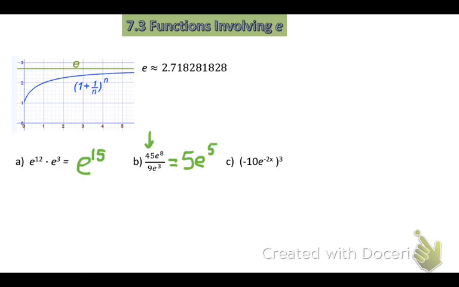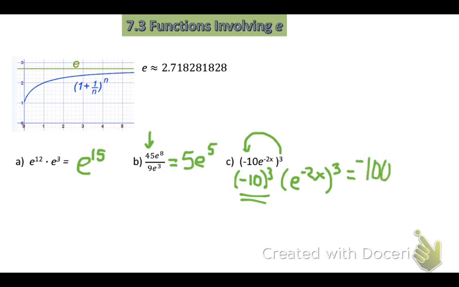Now the last one gets just a tad bit more complicated, but not too bad. We can take the 3 and we're distributing it inside, so we end up with negative 10 raised to the power of 3, and then we're going to have the e raised to the power of negative 2x, and that's all raised to the power of 3. So negative 10 times negative 10 times negative 10 is going to be equal to negative 1,000.